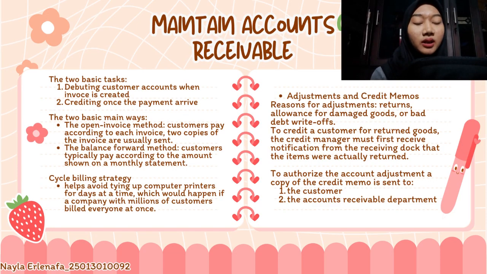This document is used to lower the amount of money the customer owes. To authorize the account adjustment, a copy of this memo is sent to the accounting department to update the records, and the other copy is sent to the customer so they know their balance has been reduced.